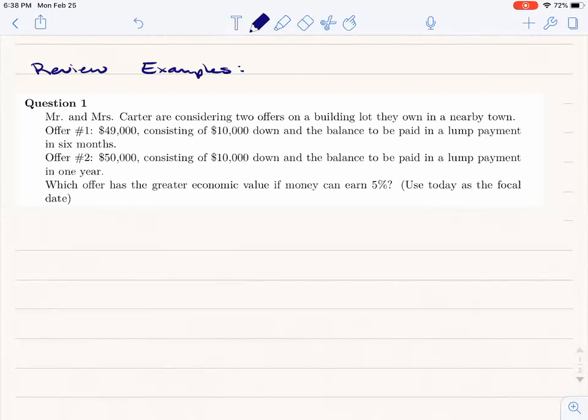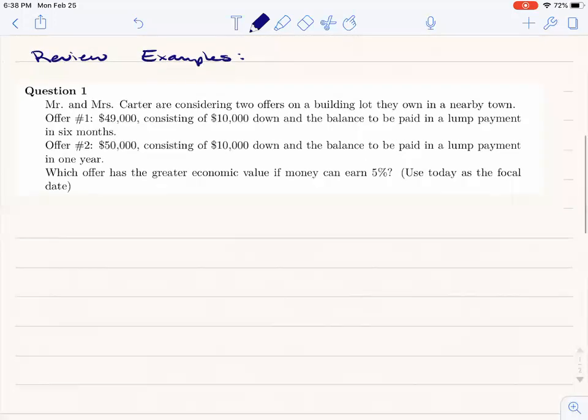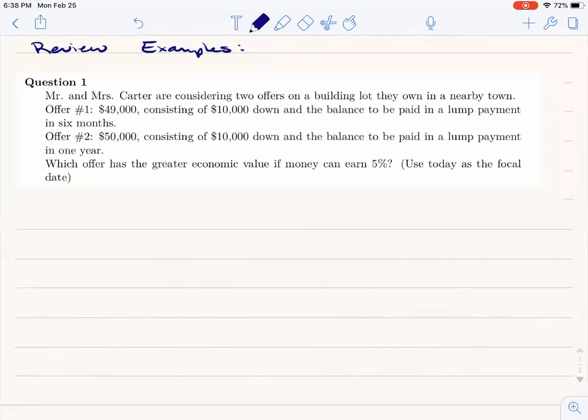And so these options have some value today, right? So you want to compare the values of these two offers today, right? Which one is better? Because face value, we look at this and say 49,000 and 50,000, 50,000 is better, right?